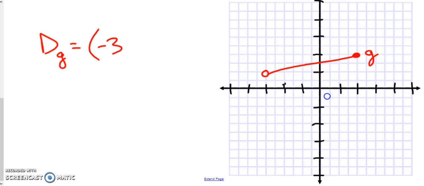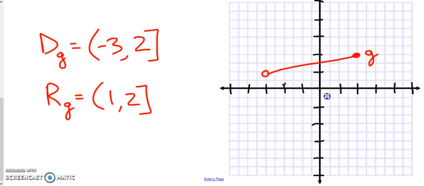How about -3? That's all right. Looks good to me, parentheses, because that left point is open. And the range? 1 to 2.